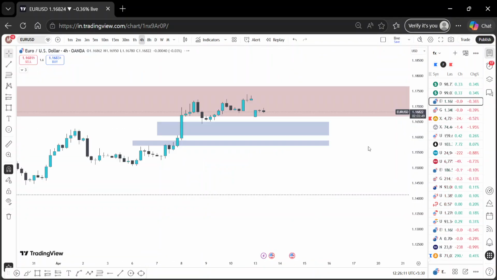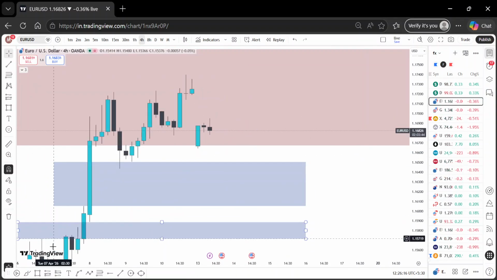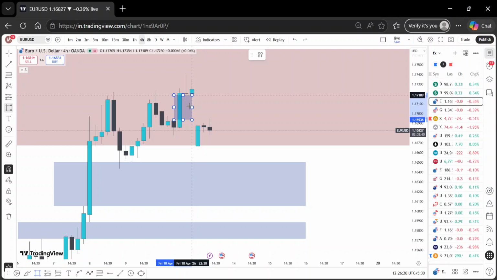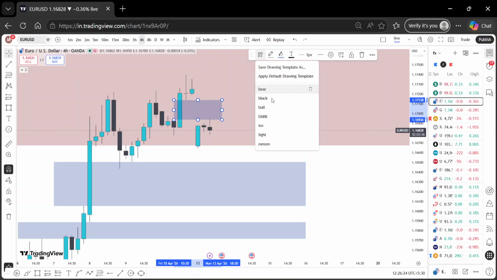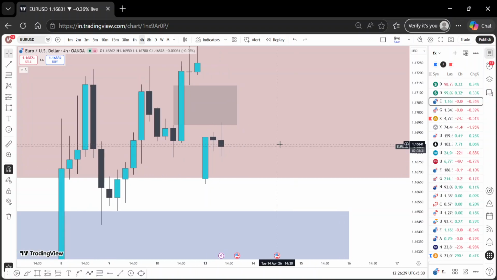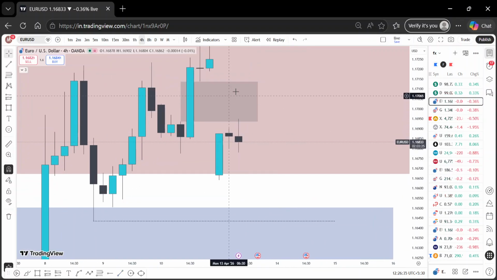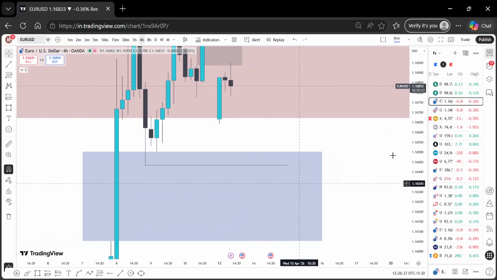Let's go to 4 hour. 4 hour time frame, we have an inversion fair value gap in which price has tapped already. So we're definitely going with this low, but we need to see how we react over this low.